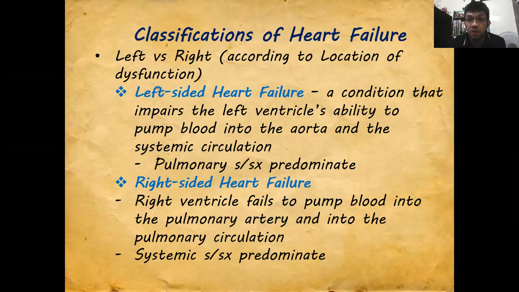That's the enlargement of the spleen. If the patient has hepatomegaly, that's the enlargement of the liver. That's again right-sided heart failure. You can see that the jugular veins are also distended in the patient who has right-sided heart failure.